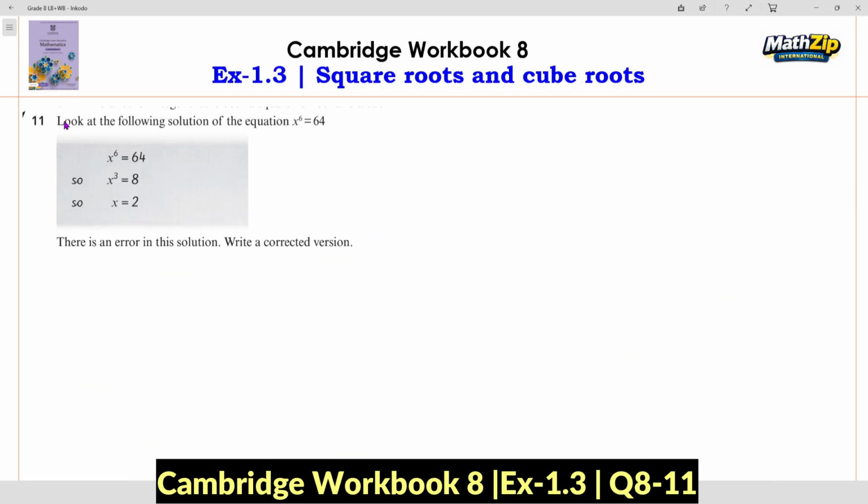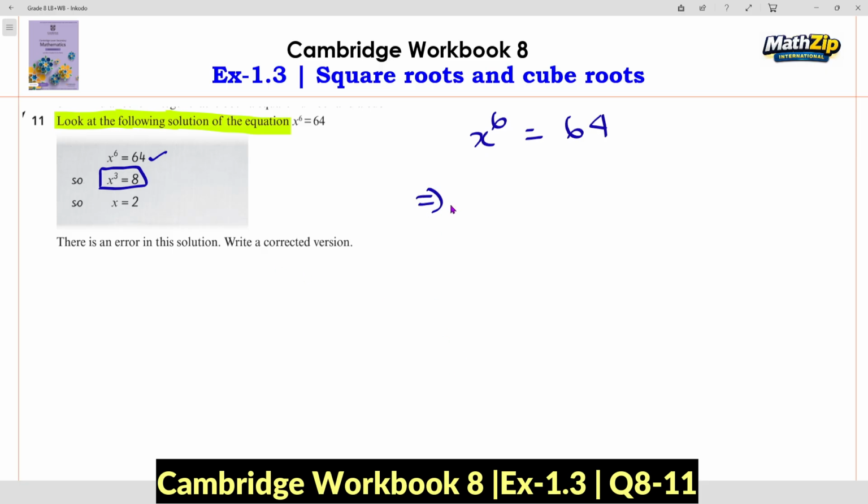Number 11 is the last math of this exercise. Look at the following solution of the equation x to the power 6 equals x to the power 4. So here x to the power 6 equals x to the power 4, and here we get the value x cube equals 8. But here is a problem.